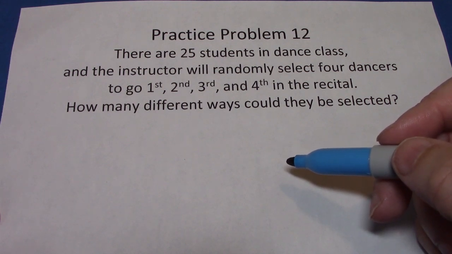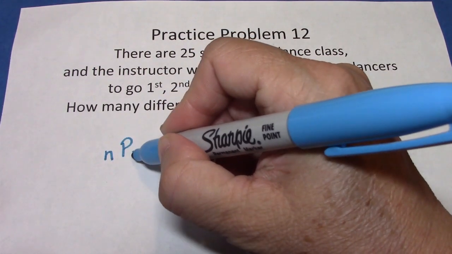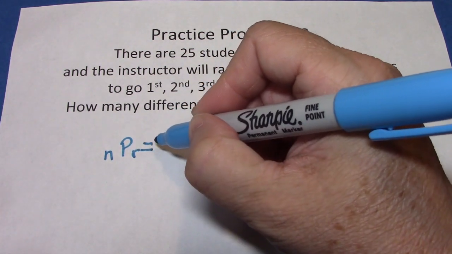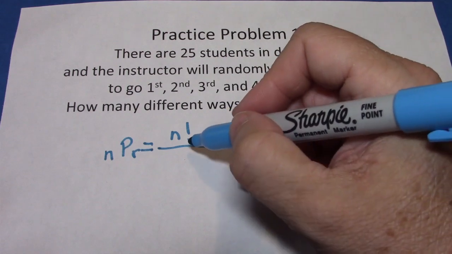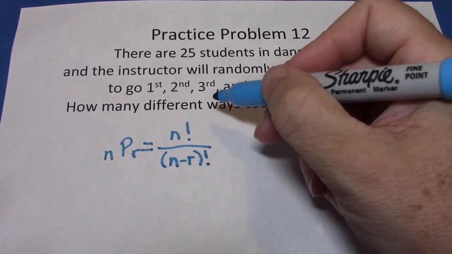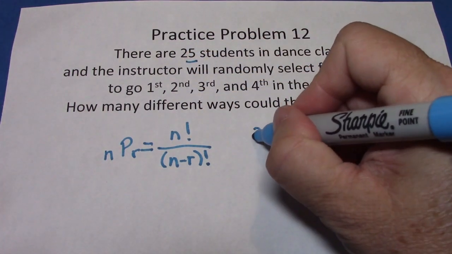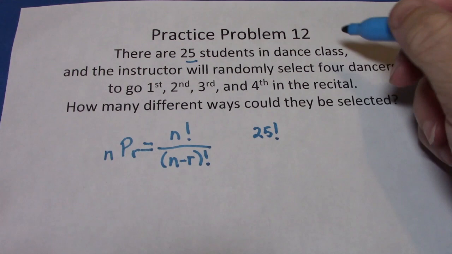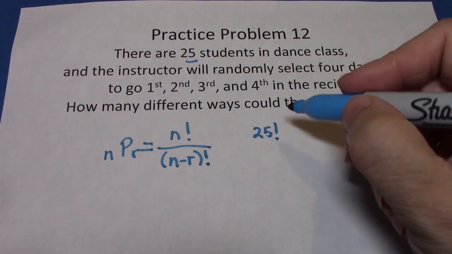And we're only choosing 4 of the dancers, so we will use this formula. N is the total number that we can choose from, that's 25. And R is the number that we're going to choose, that's the 4 that are going to go.